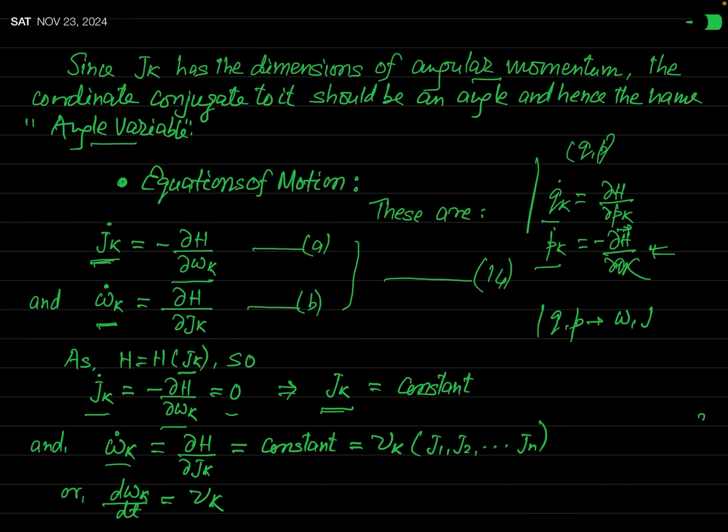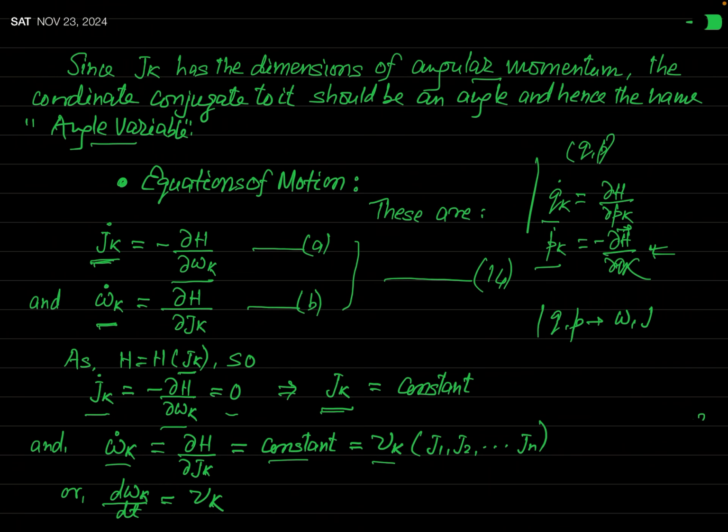And this will actually be a constant. That constant is represented by the symbol nu k, and this nu k is just a function of J1, J2, and so on, Jn.